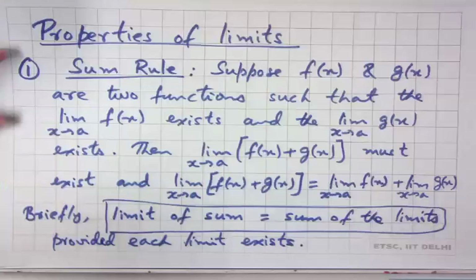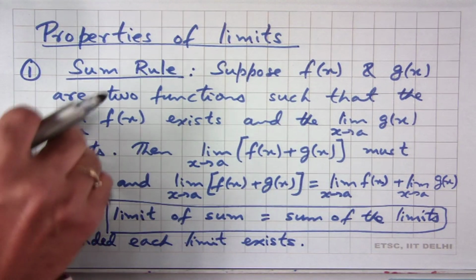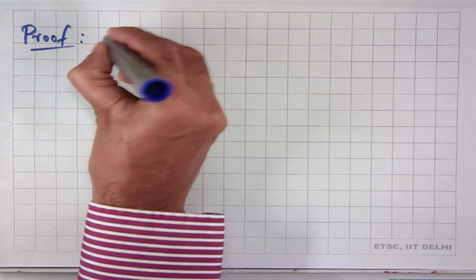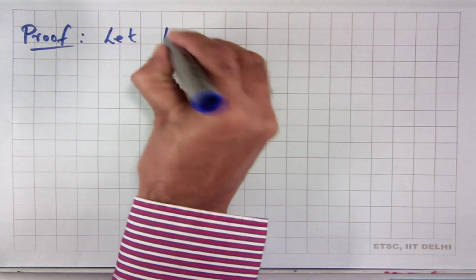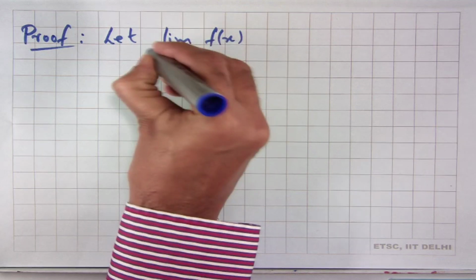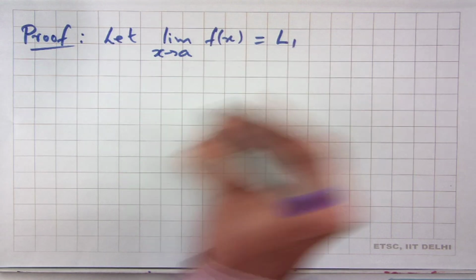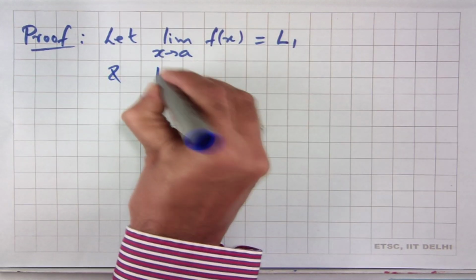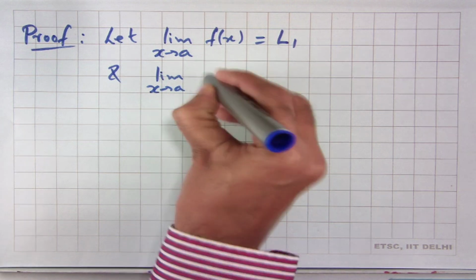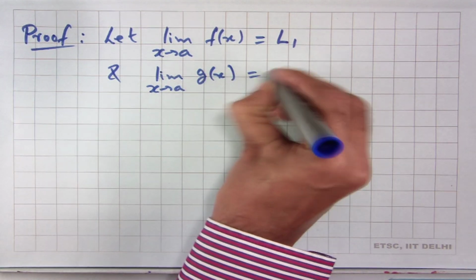So, this again is something which is not very hard to believe, that the limit of the sum is the sum of the limits, but if you try to prove this, then this epsilon delta definition comes handy. So, proof. Let the limit of f of x as x goes to a be equal to some L 1 and the limit as x tends to a of g of x be equal to L 2.